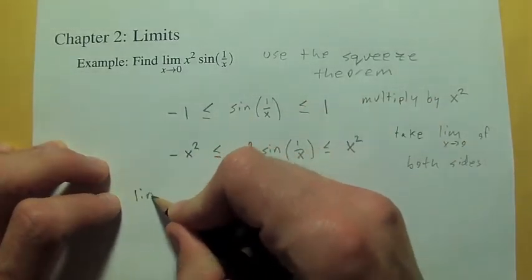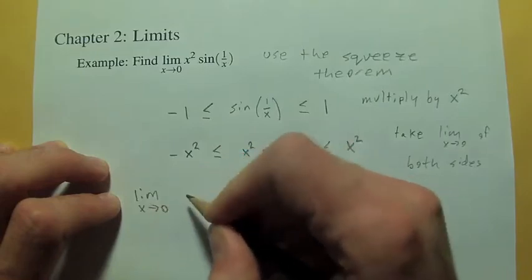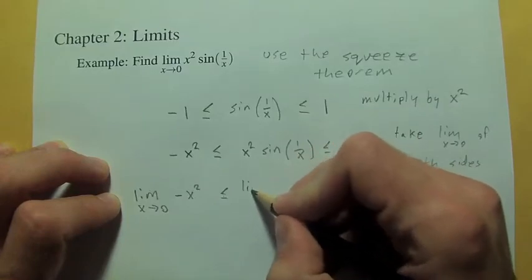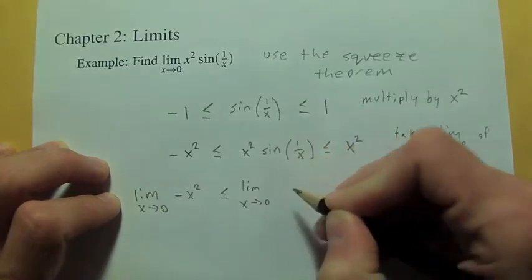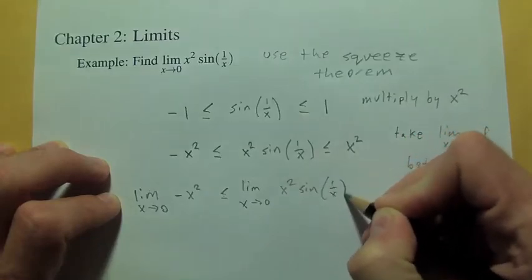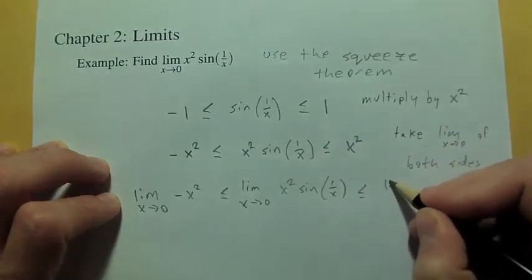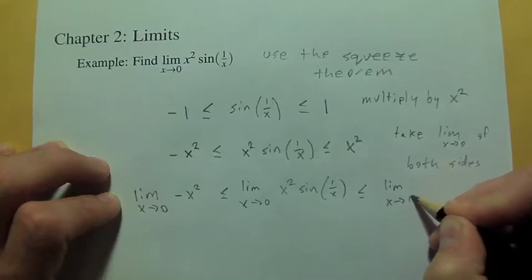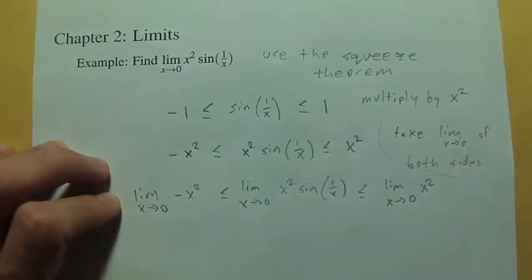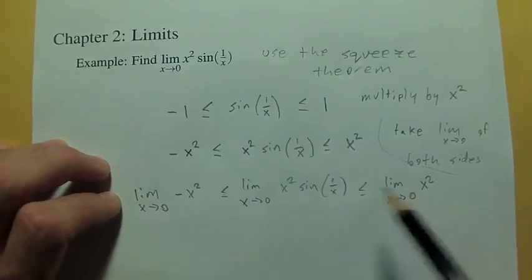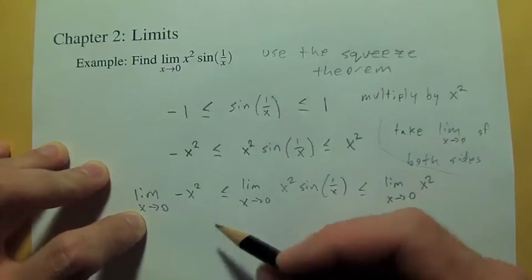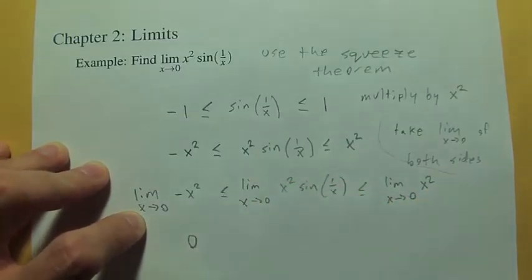We'll have the limit as x goes to 0 of negative x squared is less than or equal to the limit as x goes to 0 of x squared sine of 1 over x, which is less than or equal to the limit as x goes to 0 of x squared. And these limits I can calculate on the outer part, right? The limit as x goes to 0 of negative x squared is 0.